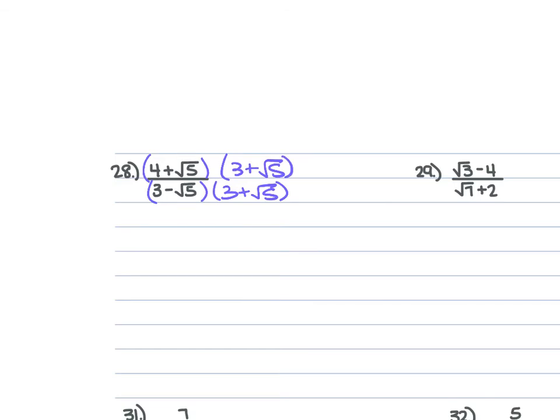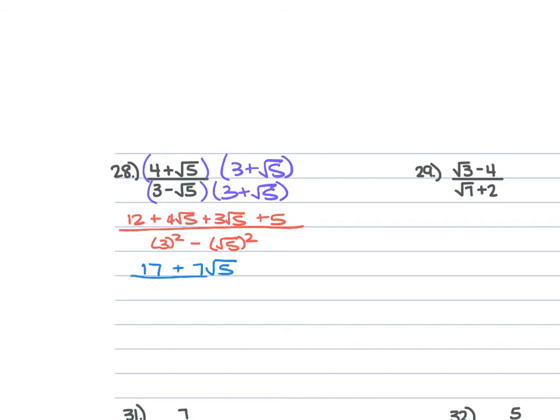The 4 times 3 is 12, plus 4 square root 5 plus 3 square root 5 plus 5 all over 3 squared minus the square root of 5 squared. So this is going to be 12 plus 5 is 17 plus 7 square root 5 all over 9 minus 5. So 17 plus 7 square root 5 all over 4.